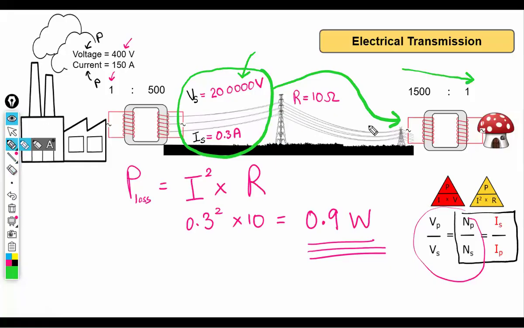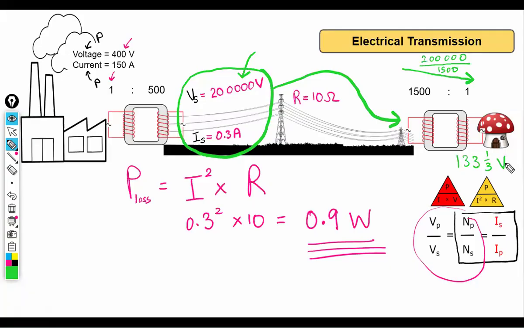You're just supposed to take the 200,000 and divide it by 1500 because it's making it 1500 times smaller. And I'm getting 133 and 1/3 volts, which is a safe voltage to have in your house. Well, safe enough.